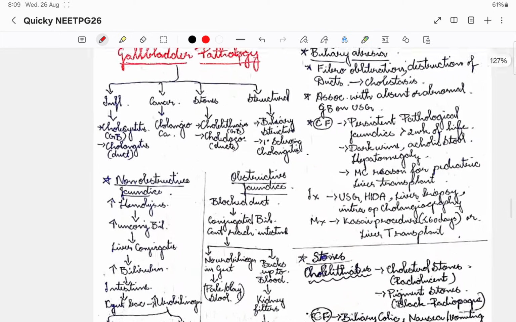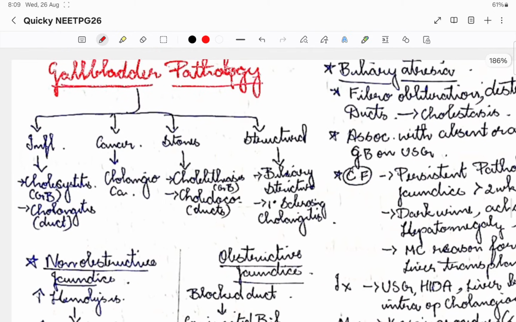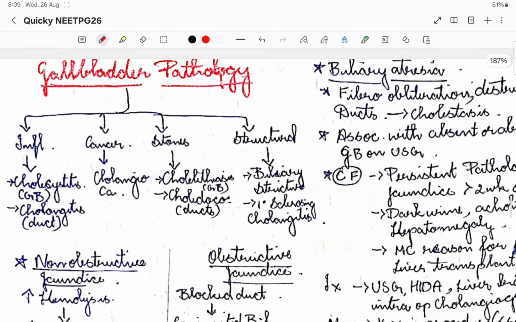So this is how we can classify the gallbladder pathologies. With respect to inflammatory gallbladder pathologies, it will be cholecystitis and cholangitis. Cholecystitis is the infection of the gallbladder, whereas cholangitis is the infection of the ducts, the gallbladder ducts.